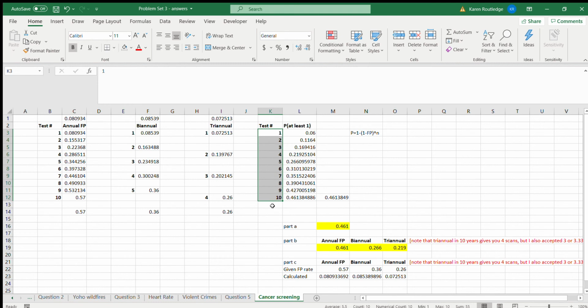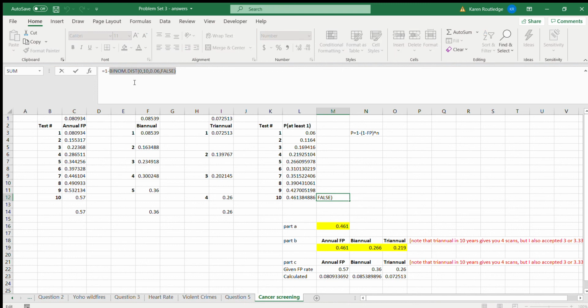As alluded to, the tricky part is dealing with the at least one. This is the way you would do it using the binomial equation. This part of the equation, the binom.dist, gives us the probability of no false positives given 10 attempts and a 6% chance of it happening on every attempt. It's perhaps a little weird to think, why do we care about no false positives? Ultimately, what we want is at least one.